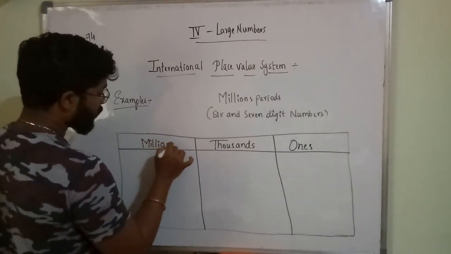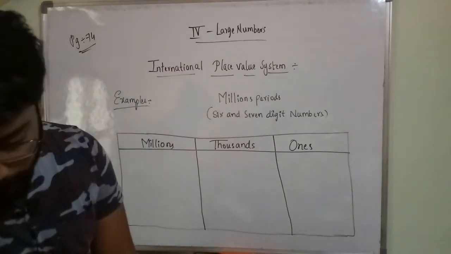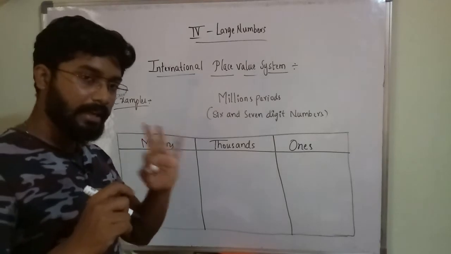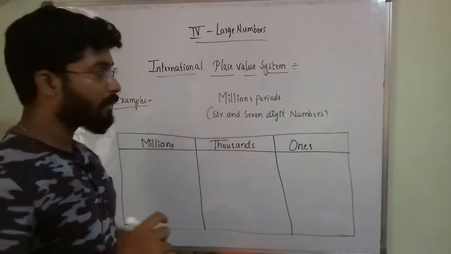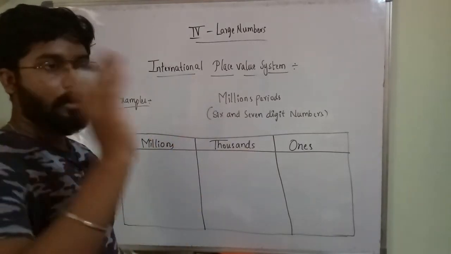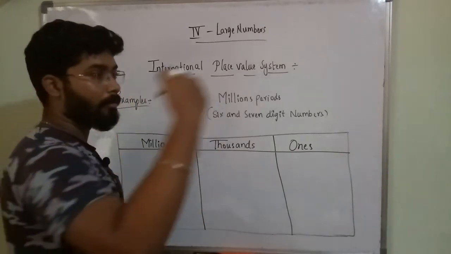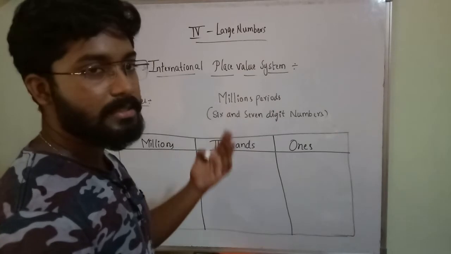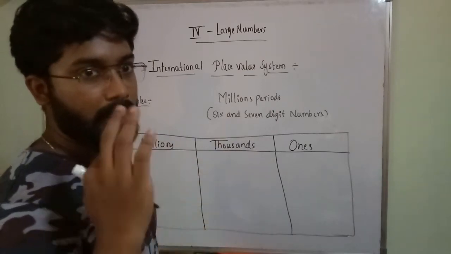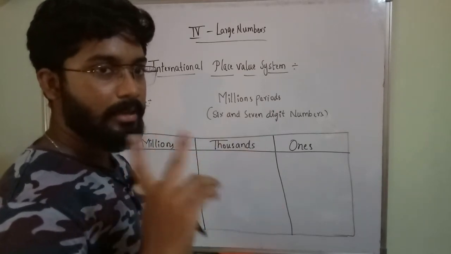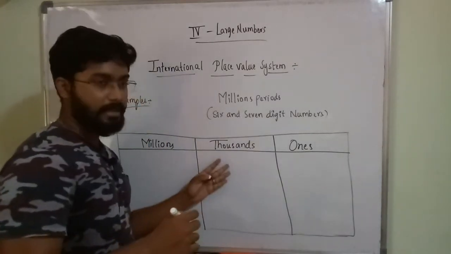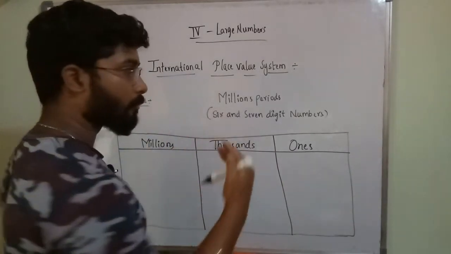International system. In each period you will have three place values in the international system. So after every 3 digits you have to put one comma from right to left. It is very easy. But in the Indian system, what you will have? In the ones period you will have 3 digits, in thousands you will have 2, in lakhs also you will have 2 digits. So this one is very easy. For every 3 digits you have to put one comma from right to left.